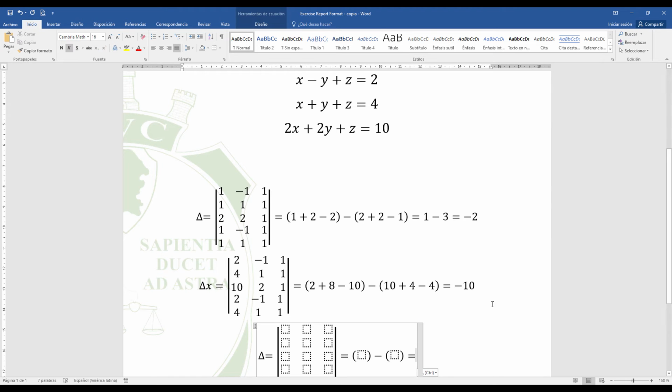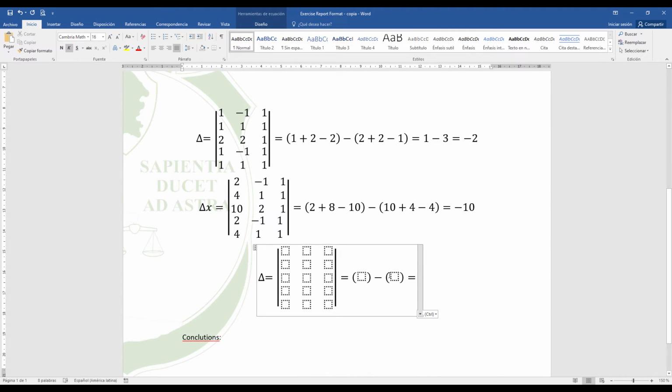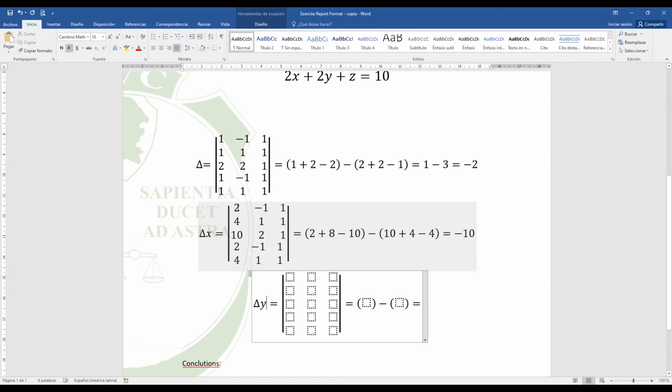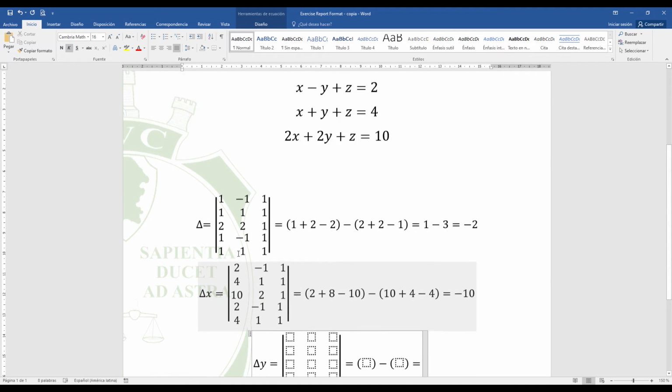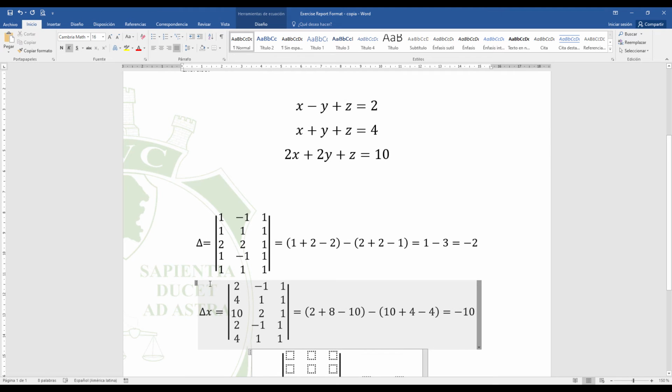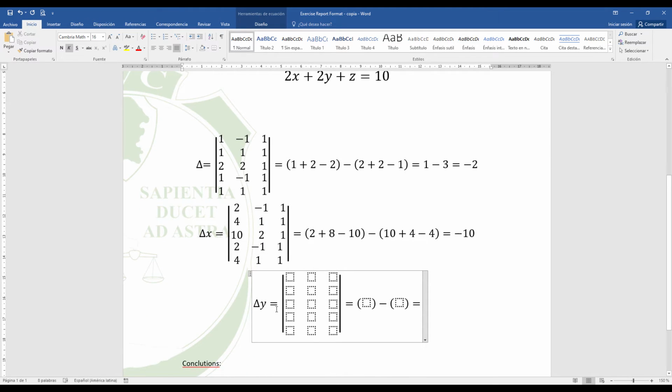Now we will calculate delta y. You use the values of the other side of the equation in the second column. For delta x it was the first column, and for delta y it is the second.